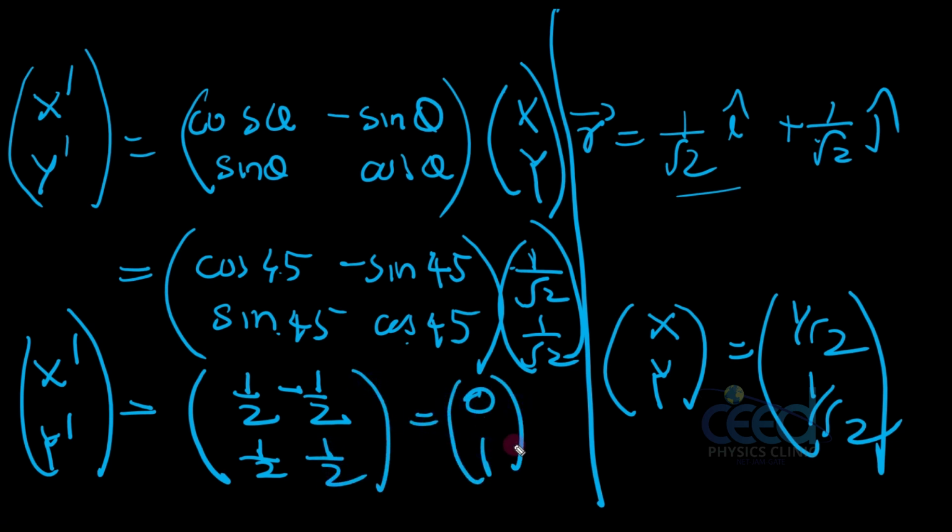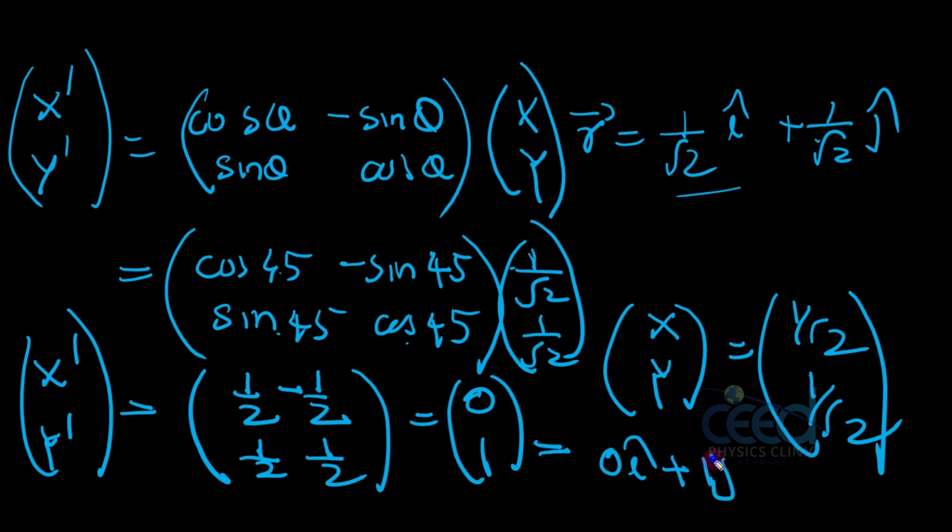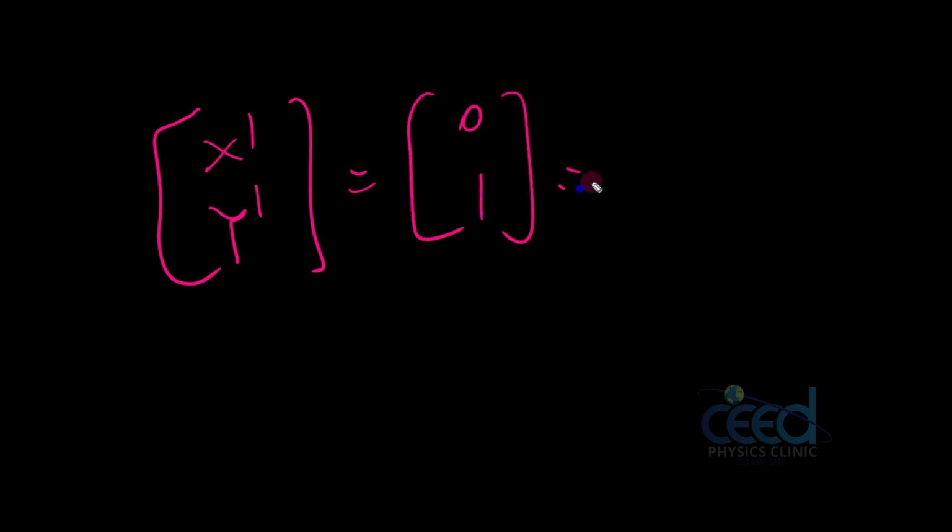So what's the matrix you got after this rotation? This is a column matrix, so in vector notation I can write this as 0 i cap plus 1 j cap. So the answer is 1 j cap. So the final result is x dash y dash equal to 0, 1, that is equal to 0 i cap plus 1 j cap.